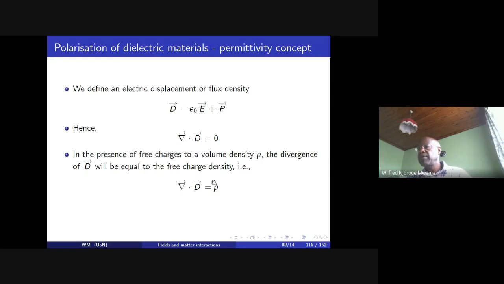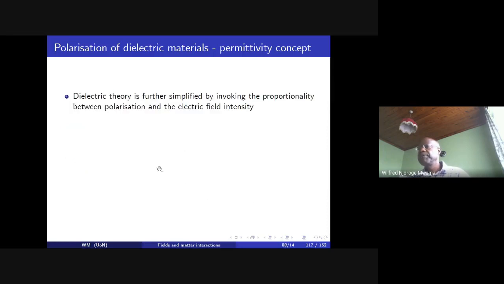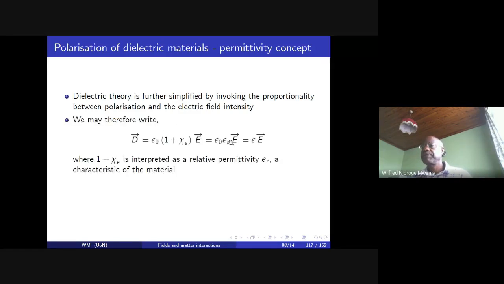Remember that rho now is not the bound charge, but just the free charge carriers in the dielectric. So the electric field theory may be further simplified when we invoke the proportionality between the polarization and the electric field intensity, especially when you are dealing with low-level applied electric fields.